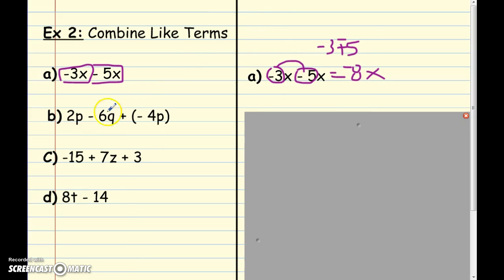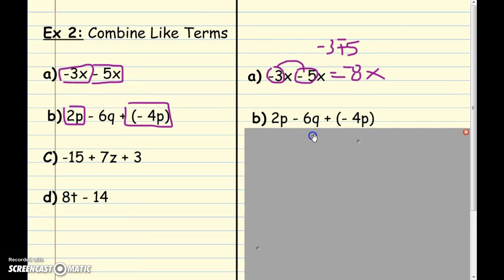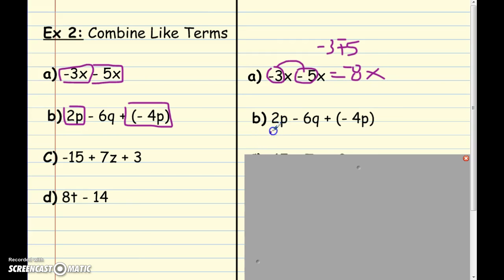Looking at example B here, I've got this letter P, 2p, and I am adding this -4p to it. Again, we're going to do the same thing. I can use the commutative property, and I can rewrite it to be 2p plus -4p. The commutative property says we can change the order as long as we're adding, and we won't change the answer.